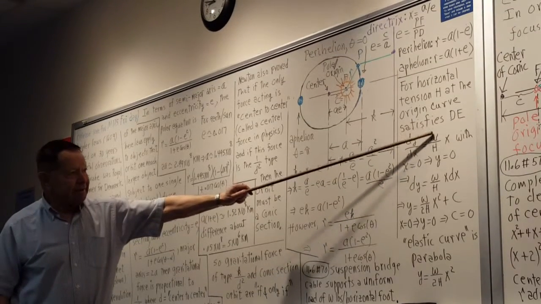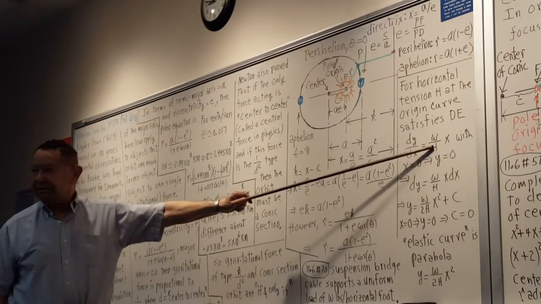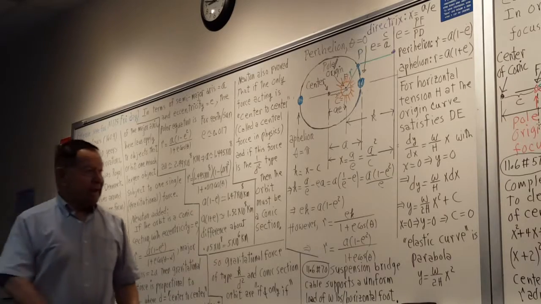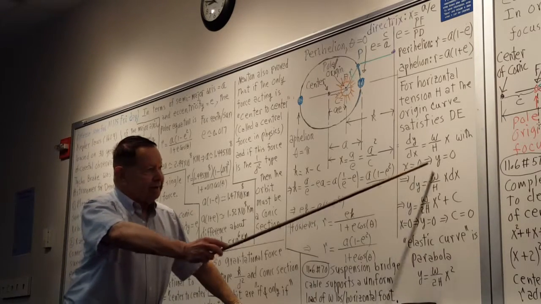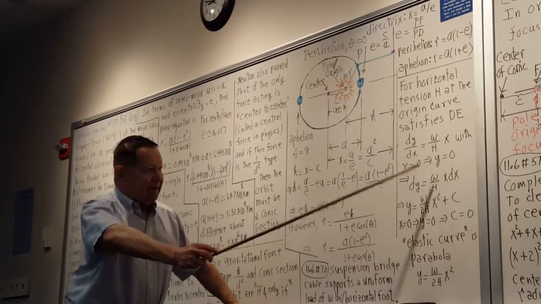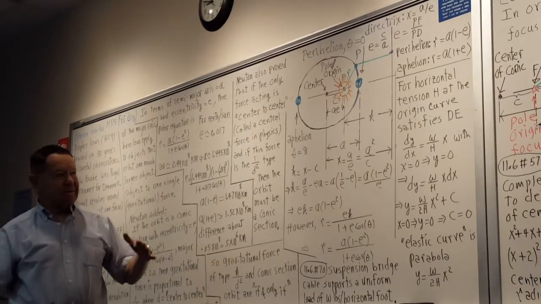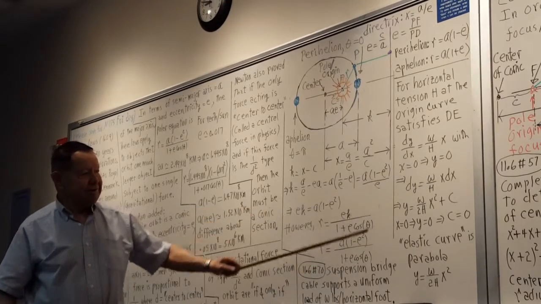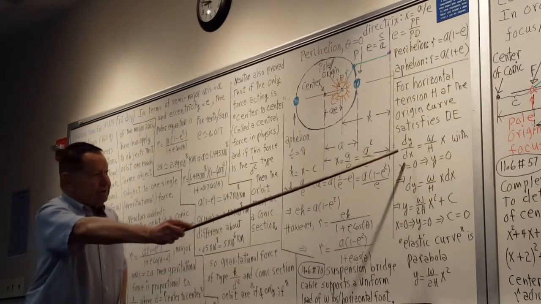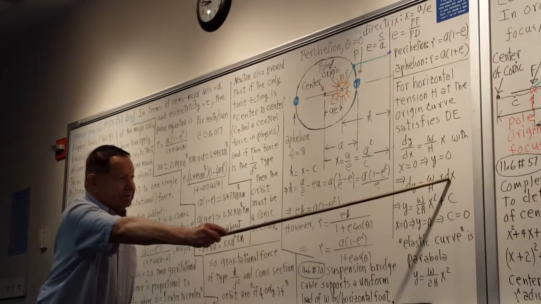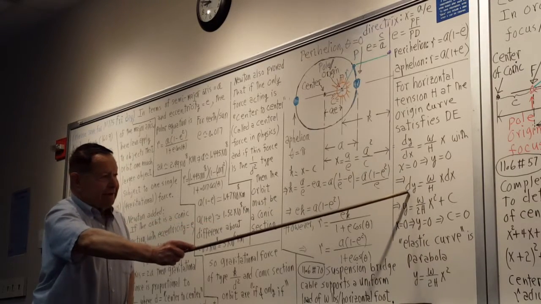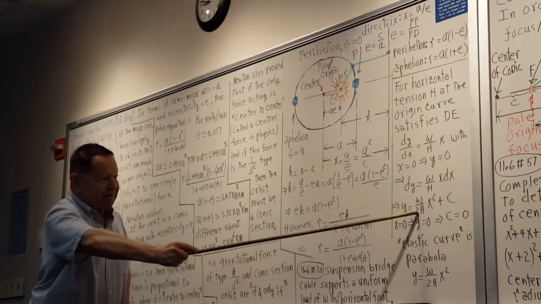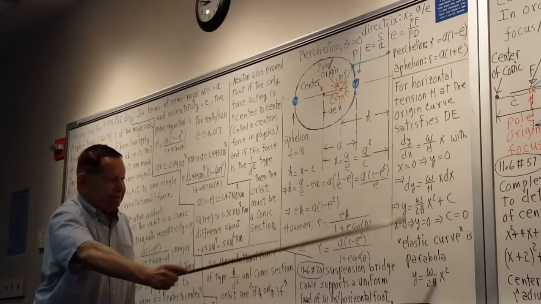Derivative is your load per foot over your horizontal tension times x. And your initial point would be where the cable would be down at the origin, so x is 0, y is 0. So you separate variables and you integrate both sides. And so you integrate here and you have x squared over 2 plus constant.